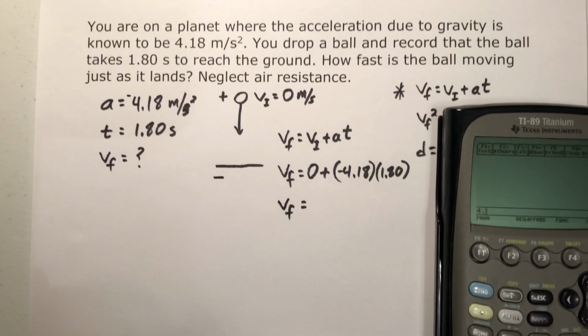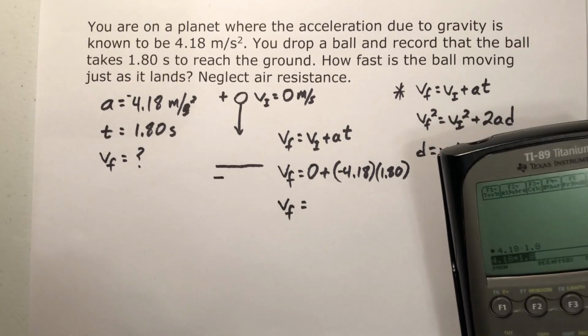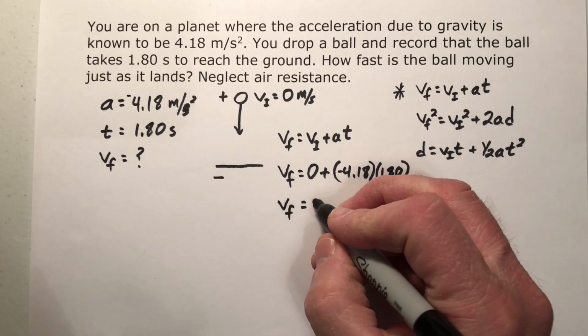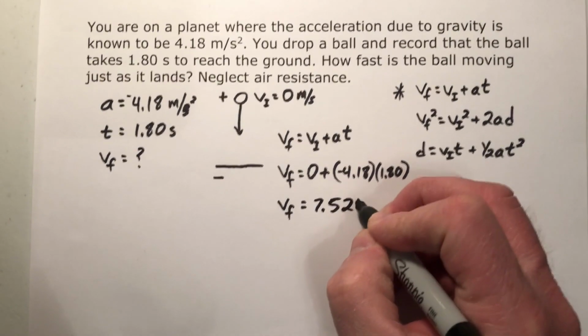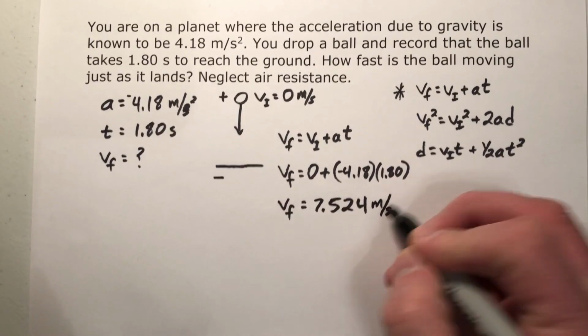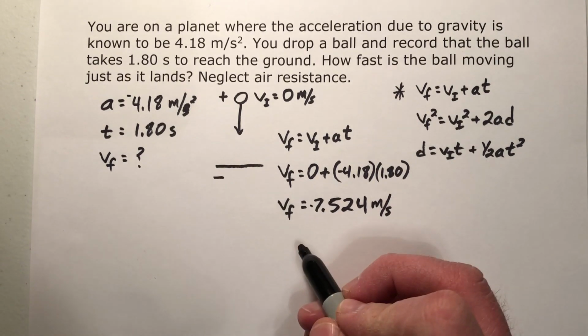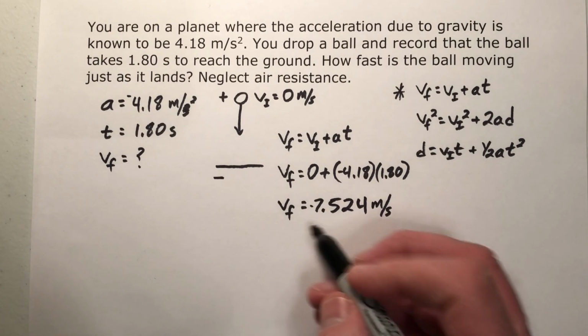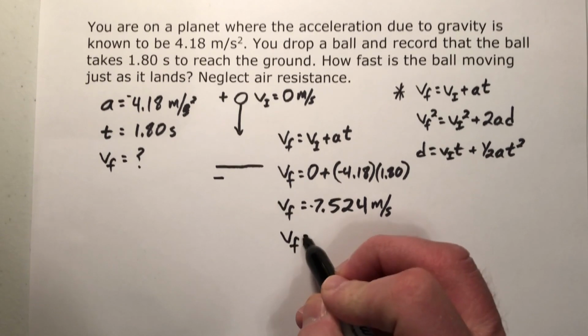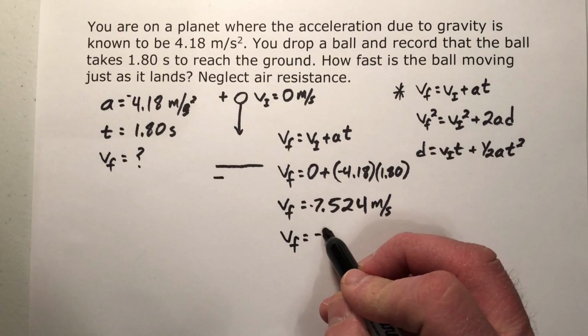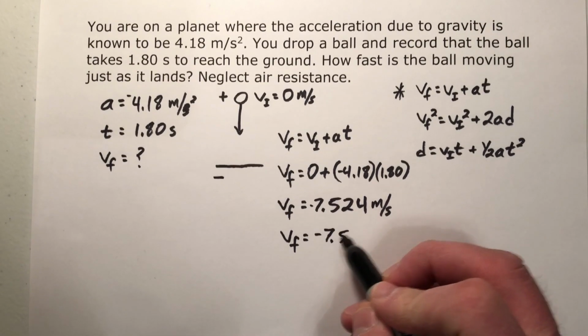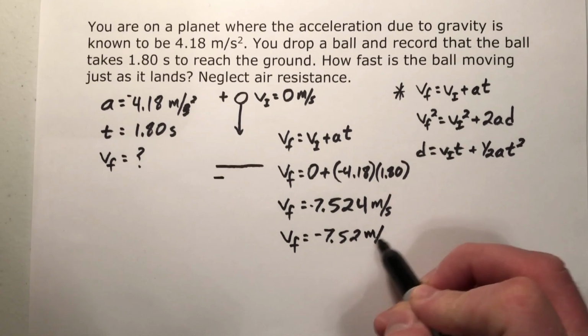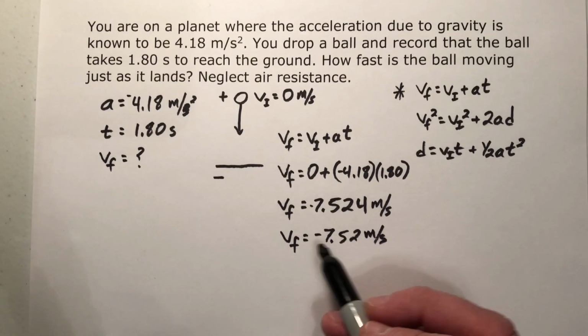We get 4.18 times 1.8 equals 7.524, and that would be meters per second, and that is a negative. So our final velocity, using 3 significant figures, which is very typical, becomes negative 7.52 meters per second.